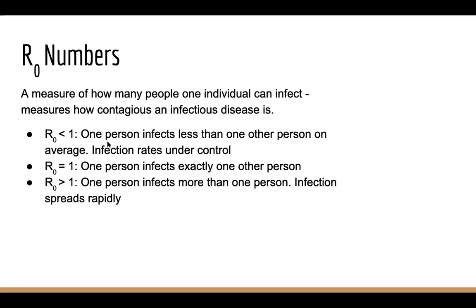This typically means that the infection rates are under control. If the R-naught equals 1, one person will infect exactly one other person. If the R-naught is greater than 1, one person will infect more than one person, and at this point, the infection spreads rapidly.